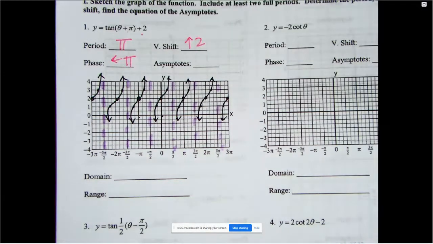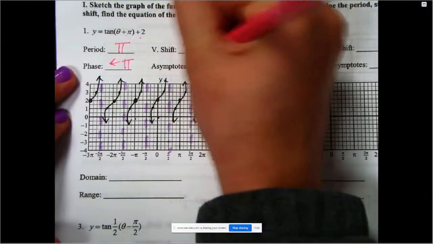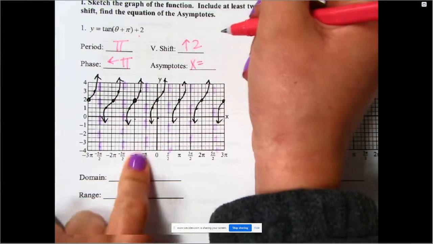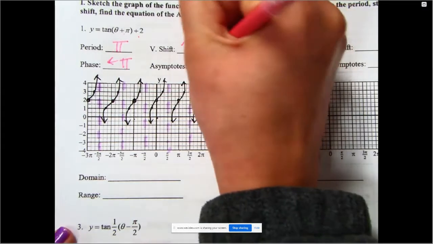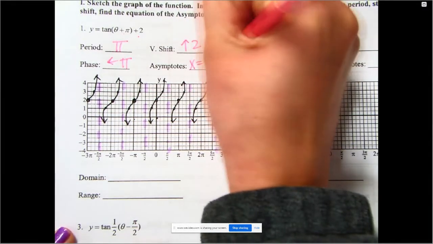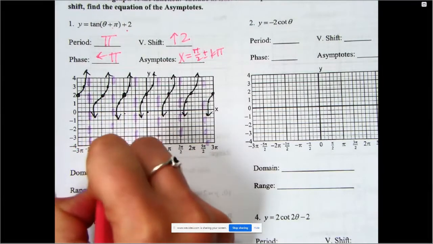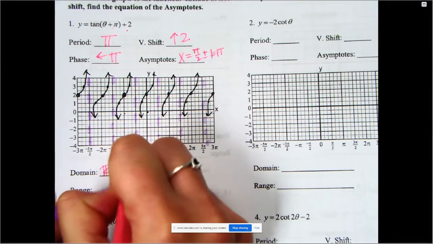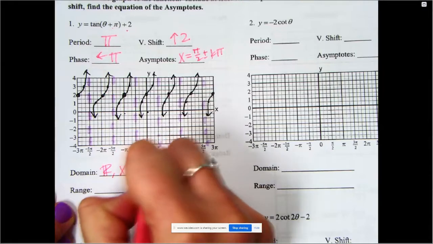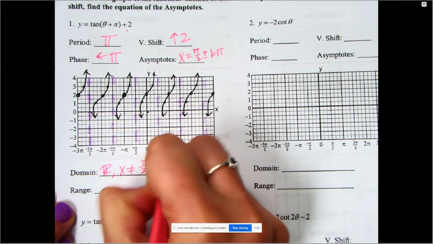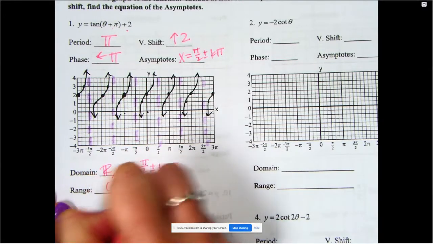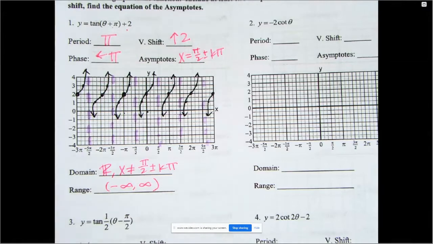Okay, so my asymptote equation, x equals, pick any asymptote. I'll pick pi over 2 plus or minus k pi. And I'll use that same equation in the domain, but again, you don't have to. And the range is all real numbers.